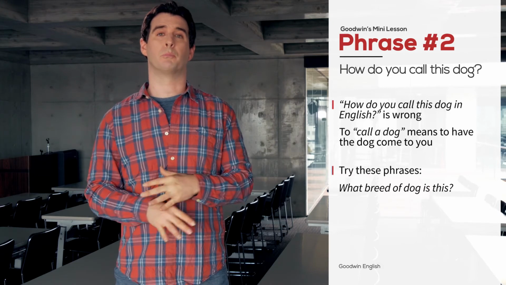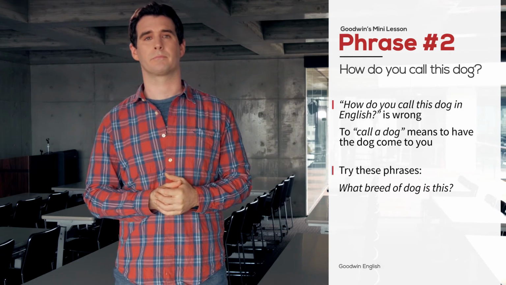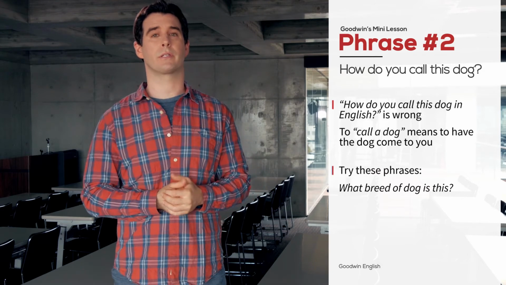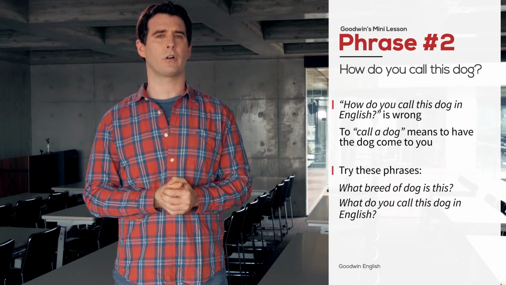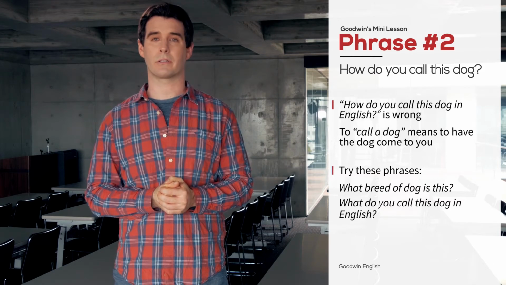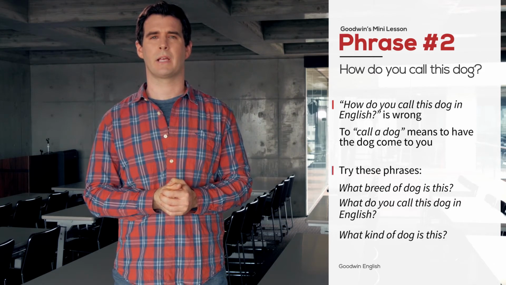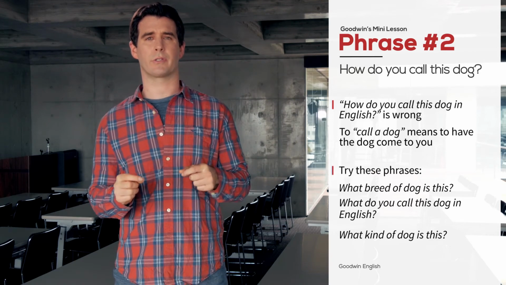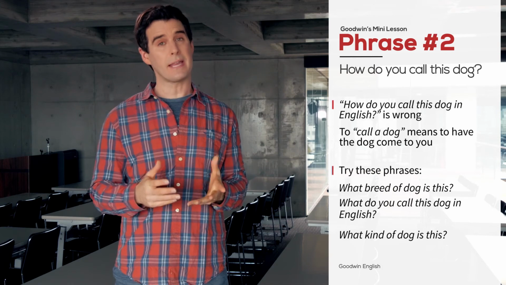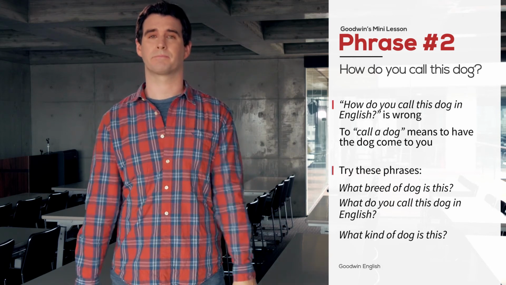These are all breeds. You could also use this phrase. What do you call this dog in English? You can see that many students make the mistake of using how instead of what here.